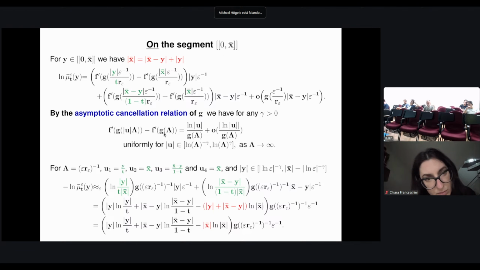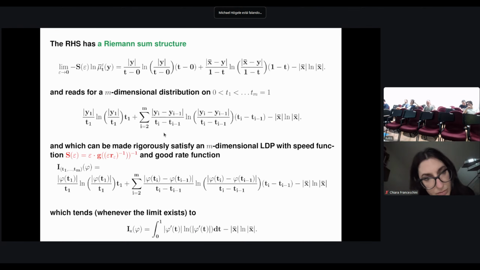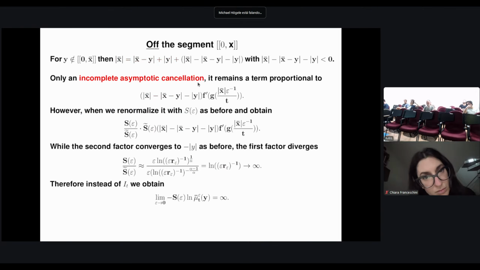If you are off the segment, you have an incomplete cancellation, and then we still have terms which diverge. This means you can see that the limit goes to infinity. This is a very rough sketch here.